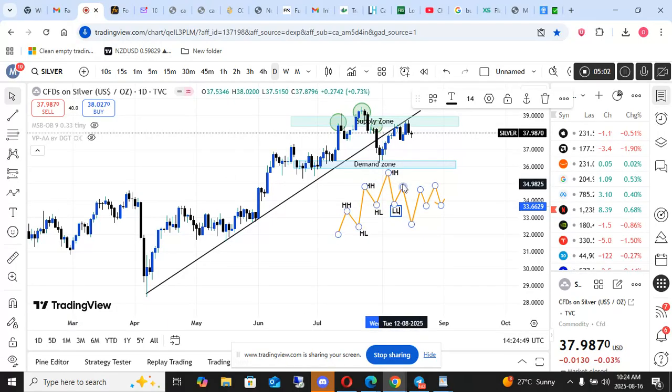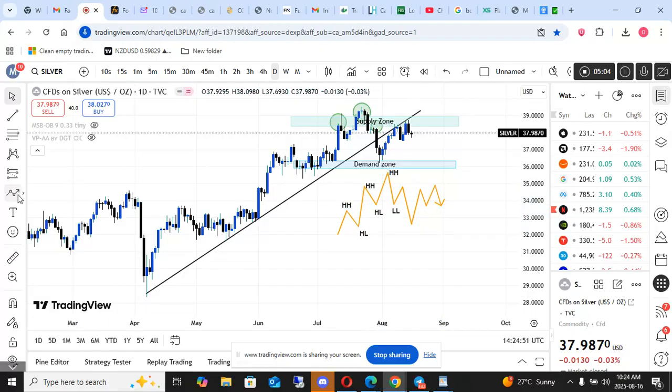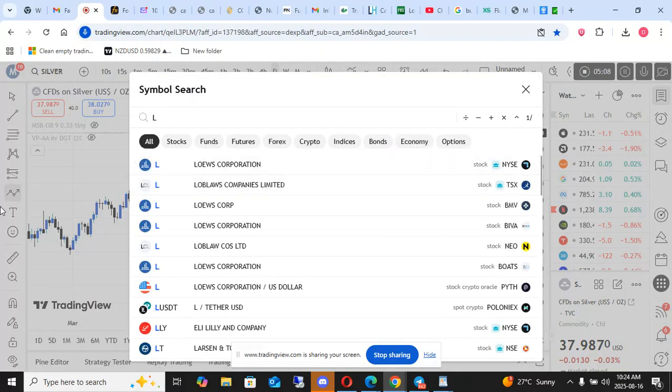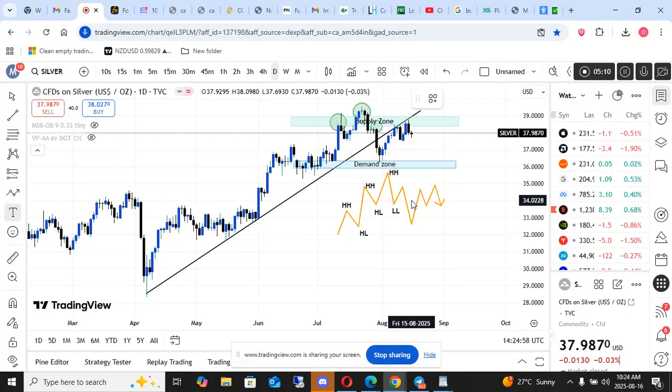Here we now make a lower high, lower high. Try to see if I can use the mouse. I didn't know I had a mouse here anyway.